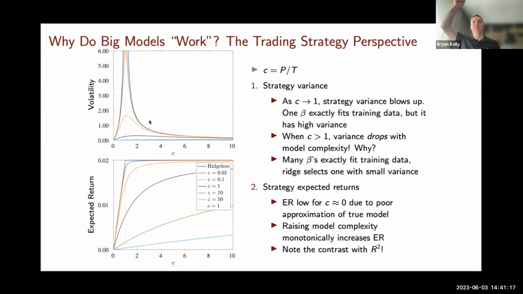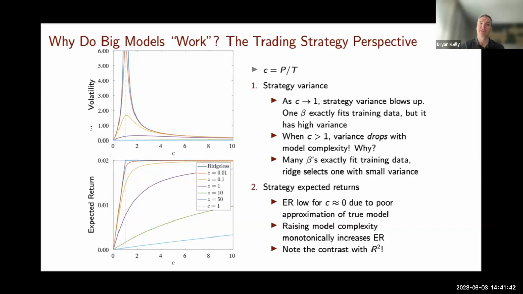As I make my betas bigger and bigger, I increase my forecast errors, and that makes my volatility in my trading strategy bigger and bigger. So whenever I'm in a situation that the beta norm is large, my trading strategy is going to be highly volatile. So really, in order to understand complexity and how it affects asset markets and trading, it's really natural to be thinking about the main effect is coming from volatility.